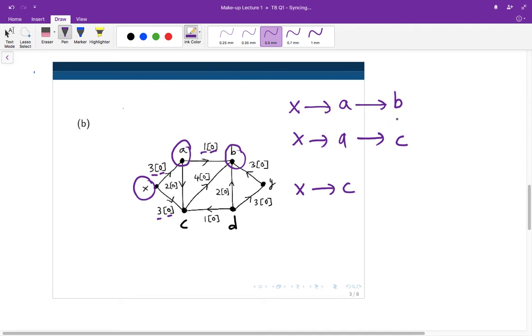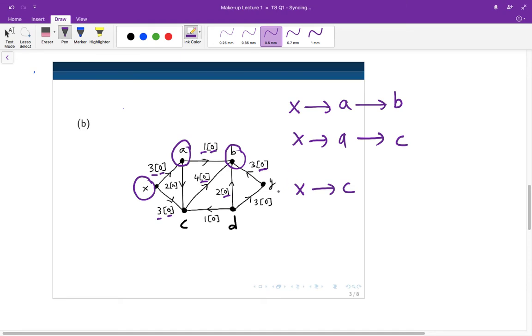Now, after coming to B, we will be stuck. This is because there are no outgoing arcs from B. That's for one. And also, all the incoming arcs have 0 flow, which means we can't even use any of these as reverse arcs.